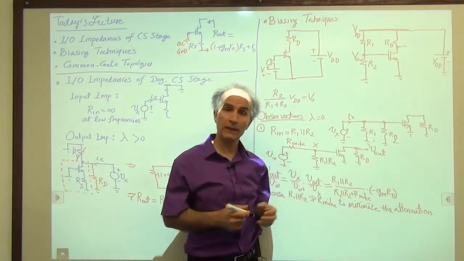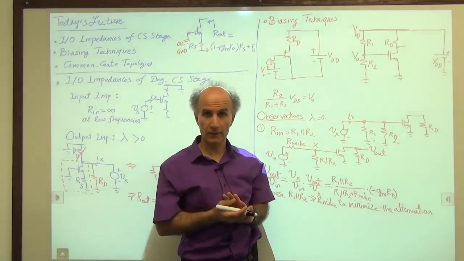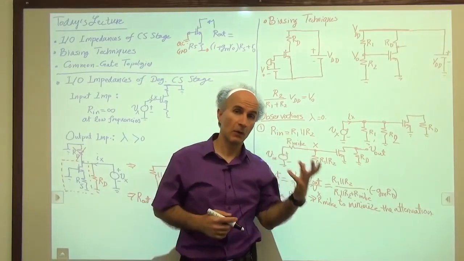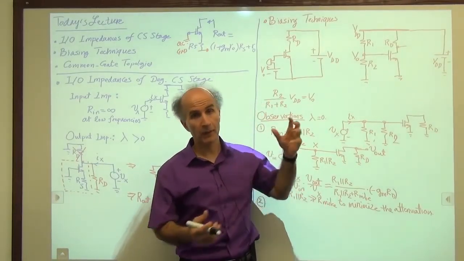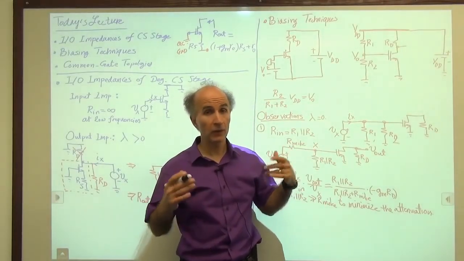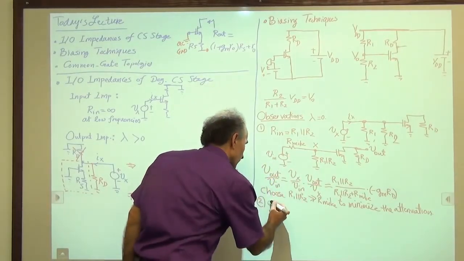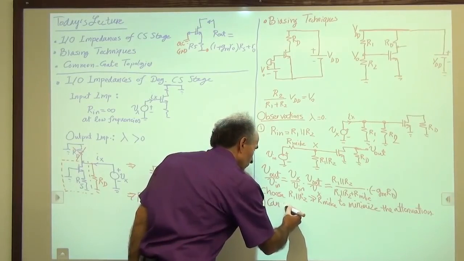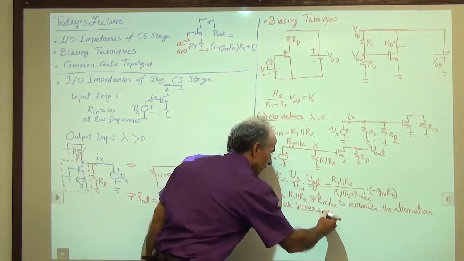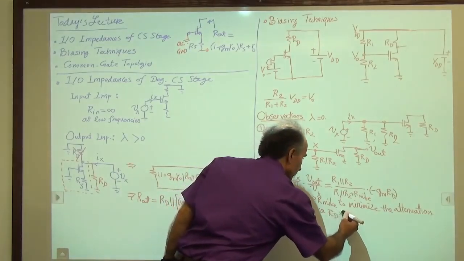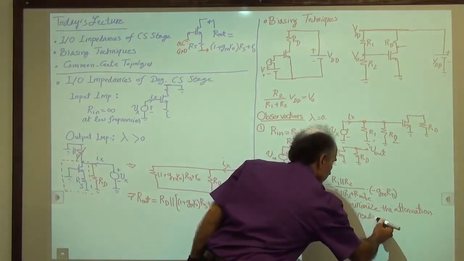So let's see what exactly we encounter in terms of just bias conditions. From the small signal point of view, from the amplification point of view, we would like to maximize RD. But will something go wrong as RD increases? So can we increase RD to increase the gain?